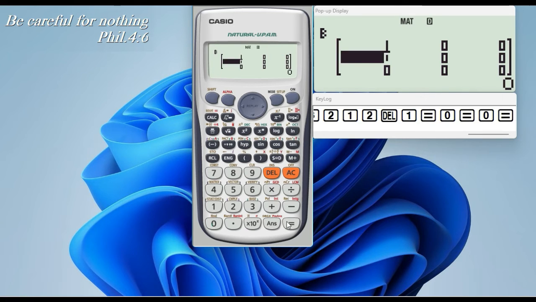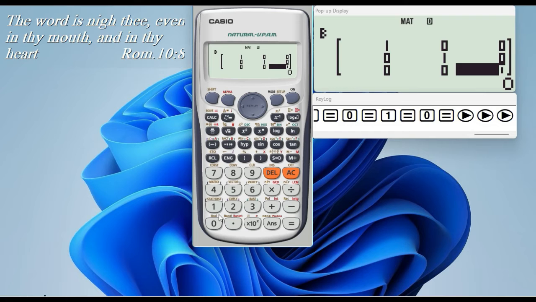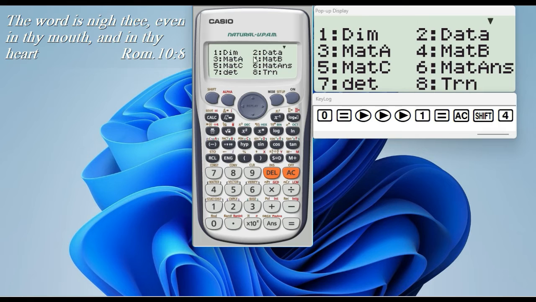So we call that the identity matrix. A matrix, when you multiply it by itself, you get back the same matrix, is the identity matrix. So I pick matrix A, shift, then 4, select 3, that's matrix A, the one we entered earlier on, plus matrix B, the one we entered the second round.